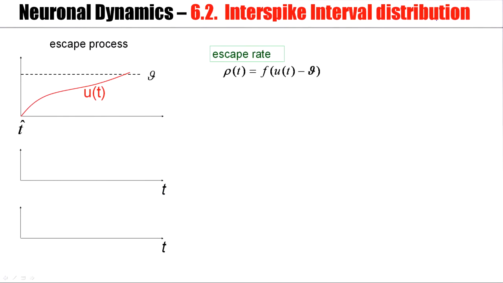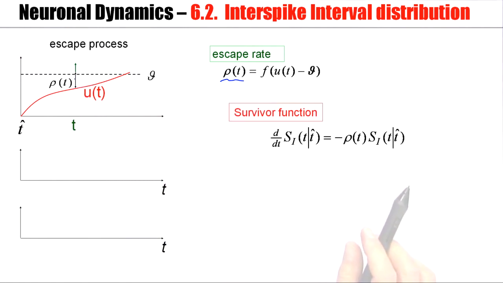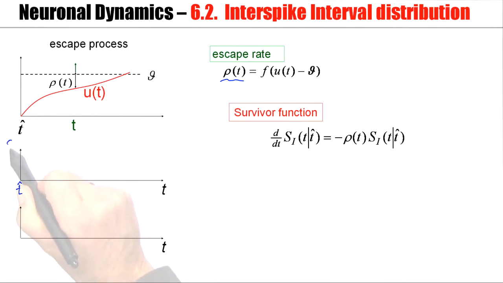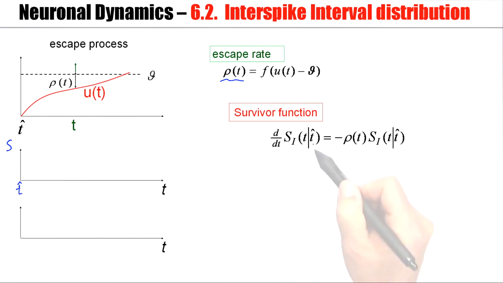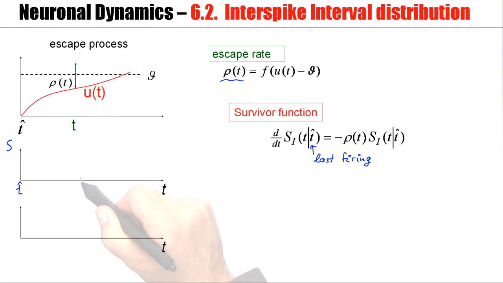So at any moment in time, there's a certain momentary escape rate. I'm at time t, there's this momentary escape rate rho of t. Now I ask, this was my last firing time, t hat. What's the probability that the neuron survives starting at t hat, the last firing time, up to this moment, t, without firing?